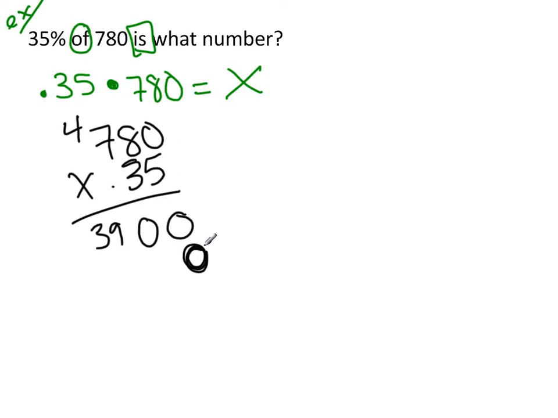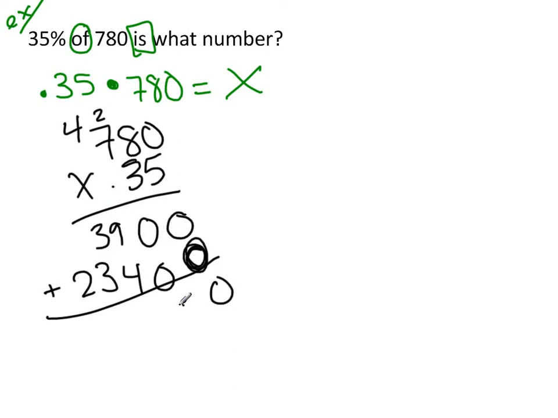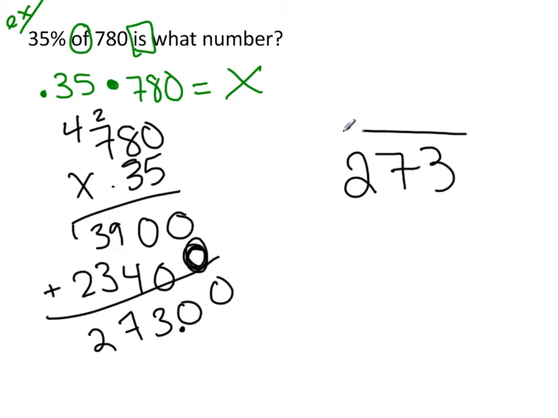Placeholder, don't forget it. 3 times 0, 3 times 8 is 24, carry the 2. 3 times 7 is 21, plus the 2 is 23. And we'll add them up. And then we have to count how many decimal places were involved. We had 2, so we move over 2. So our answer is 273 is the number we're looking for.